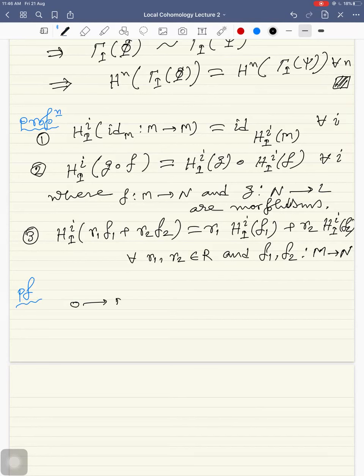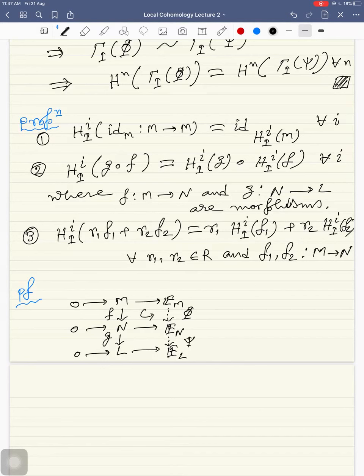Here you consider M, N, and L. From M to N you consider F, and from N to L you consider G. Suppose EM is an injective resolution of M, and this is an injective resolution of N, this is an injective resolution of L. So you can lift this morphism to a quotient map, let's say phi, and this is psi.